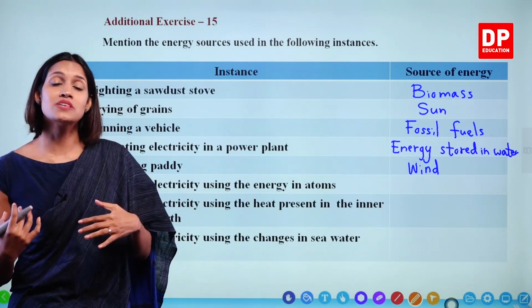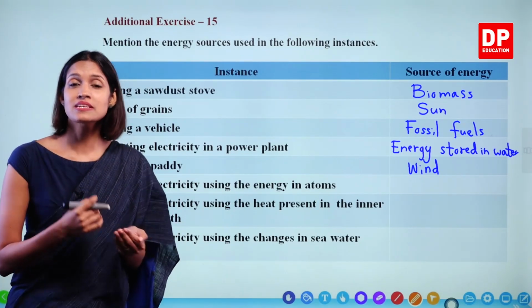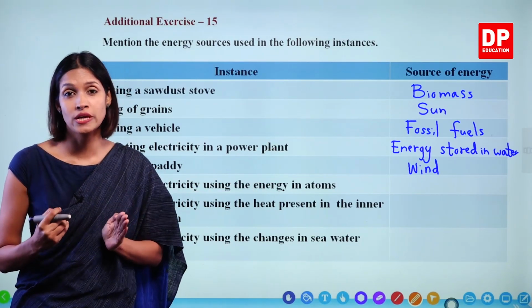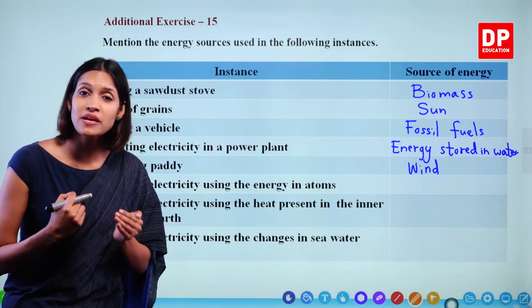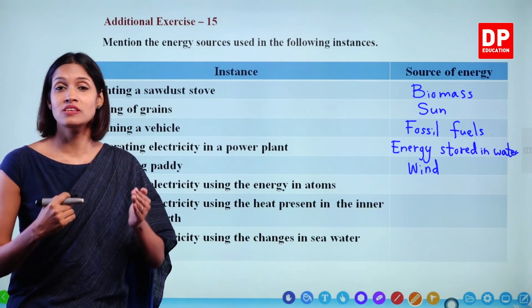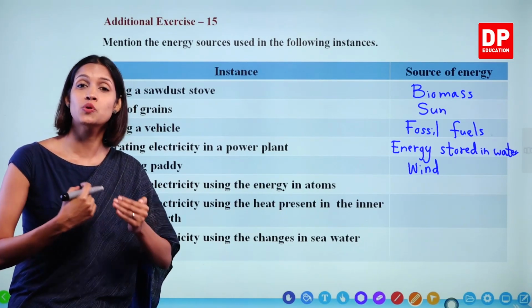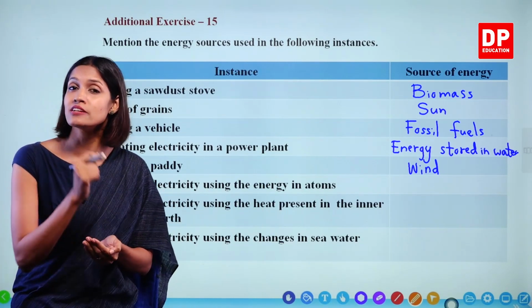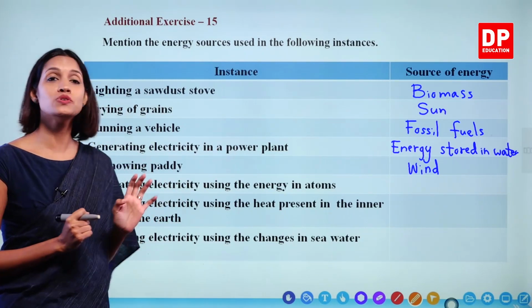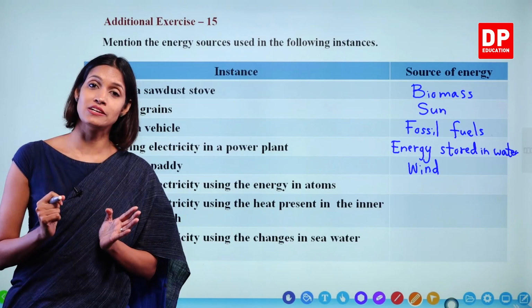In some elements, the atoms behave differently, and because of this different behavior they can produce nuclear energy. They undergo different changes or reactions, known as nuclear reactions. Because of these reactions, you can generate nuclear energy.